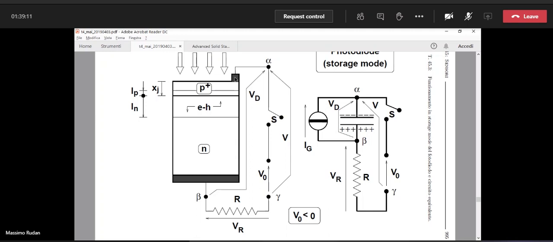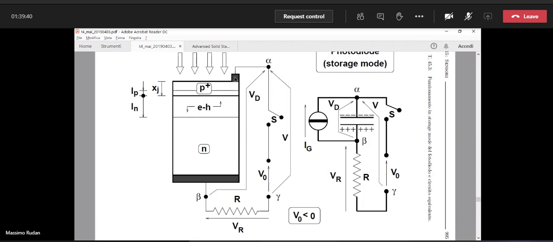If we want to detect the current of the photodiode, we must attach something in series to the photodiode itself in order to detect the current. We mimic whatever it is with the equivalent input resistor that we call R. So R is just the equipment that detects the current.